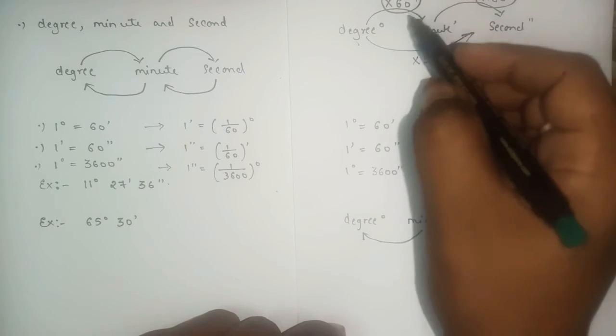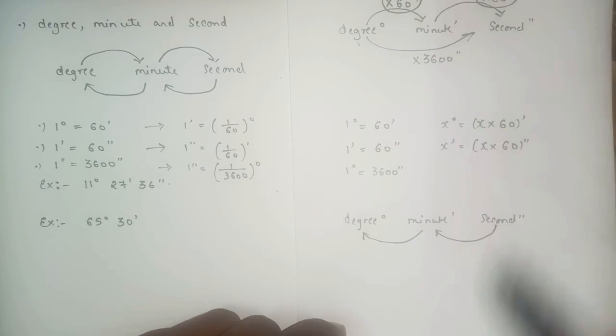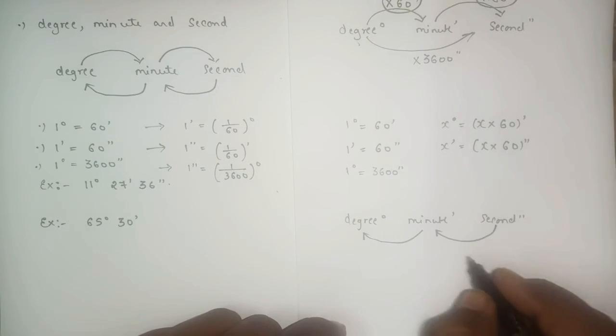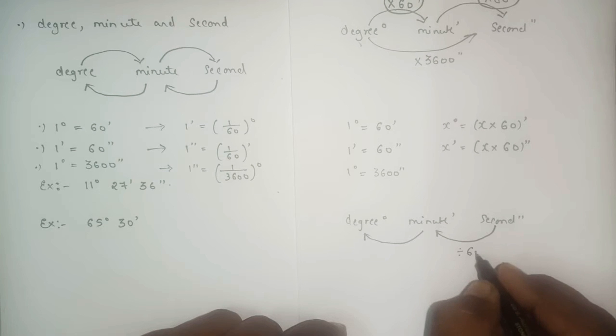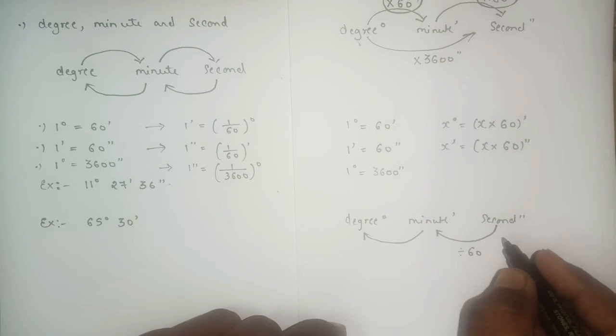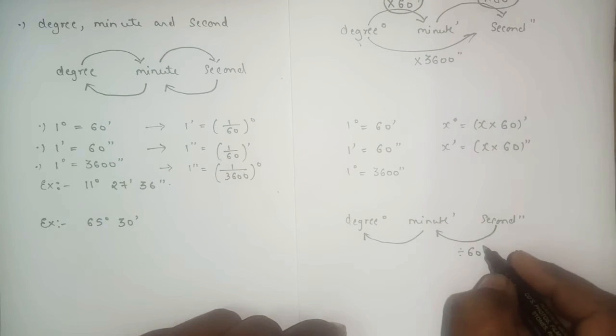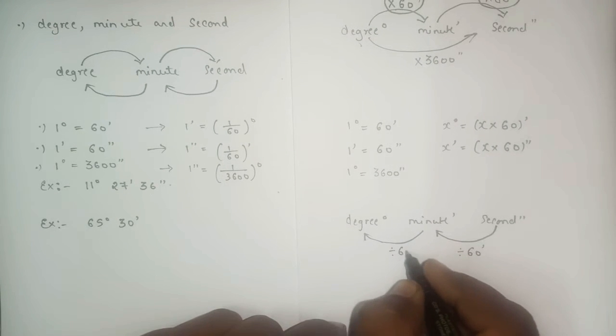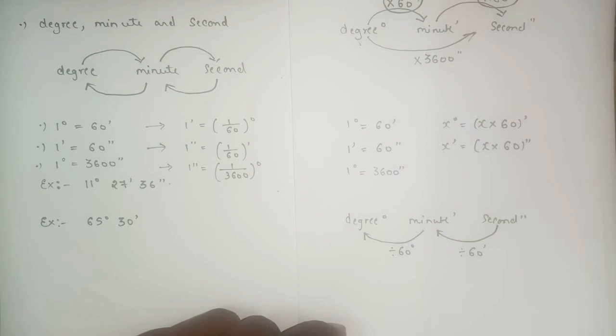It will be very simple. As here we are multiplying, here we will divide. Divided by 60, it will get converted into minute. Again divided by 60, it will get converted into degree.